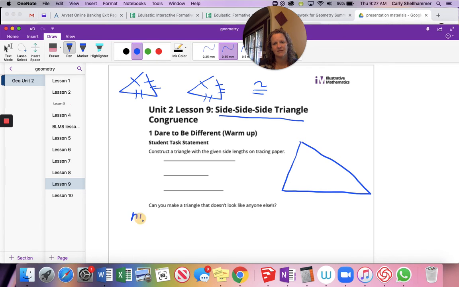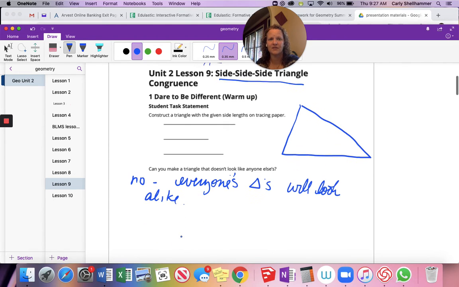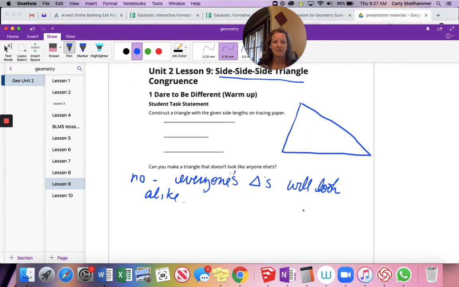Can you make a triangle that doesn't look like anybody else's? No. Everyone's triangles will look alike. Now, may the triangles be laid out differently? May someone's look like this?